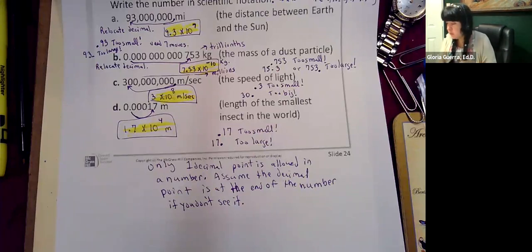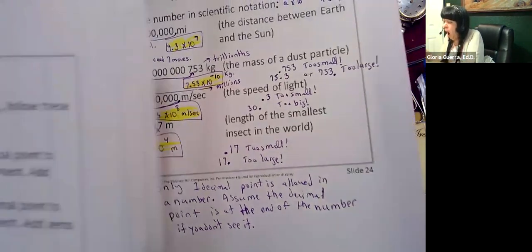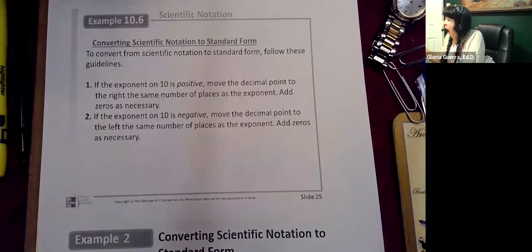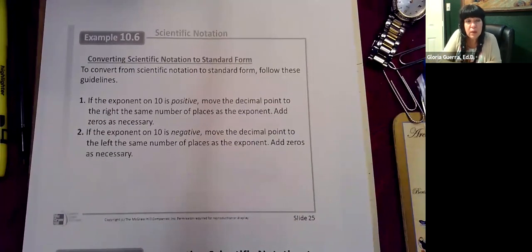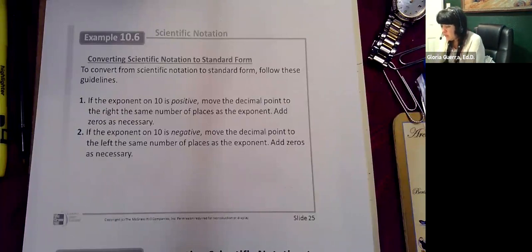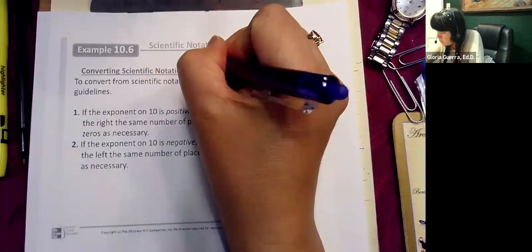Okay, and I think I have one more page of writing for this. The page just says slide 25. I don't think I enlarged that page, but it's big enough, I think. It says converting scientific notation to standard form. Sometimes they call it decimal form.